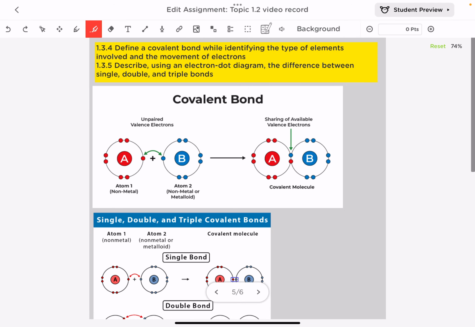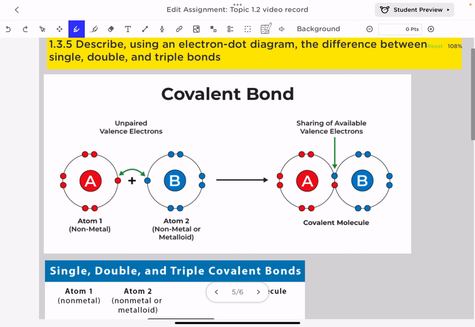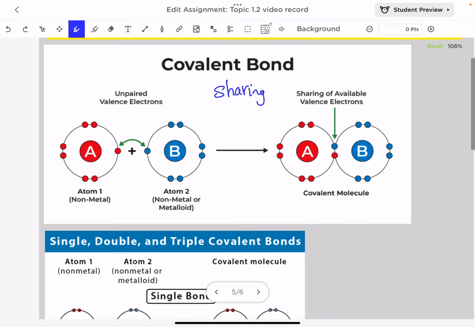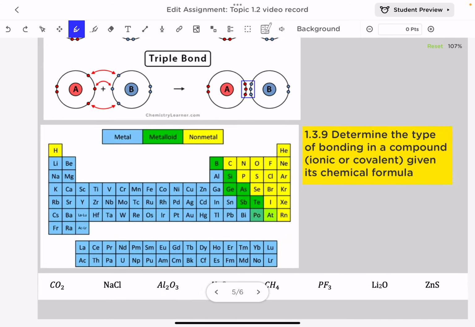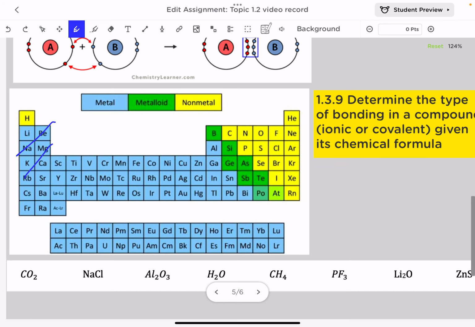Now let's move on to the covalent bond. Covalent bond involves sharing electrons and not transferring electrons. And to form a covalent bond, we only need non-metals. So for example here, it's not the combination of metals. We need non-metals together.